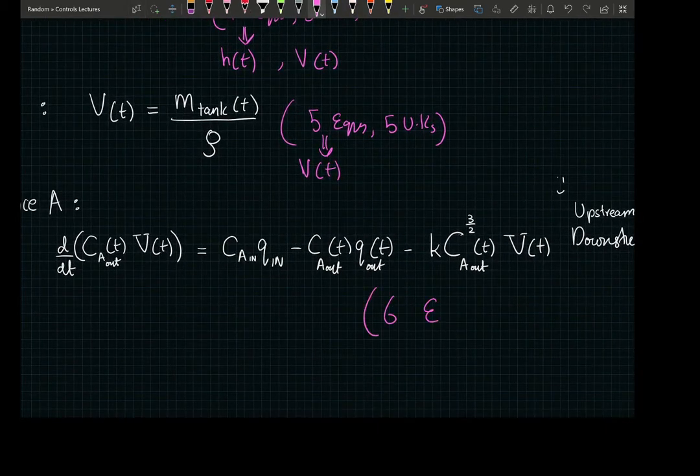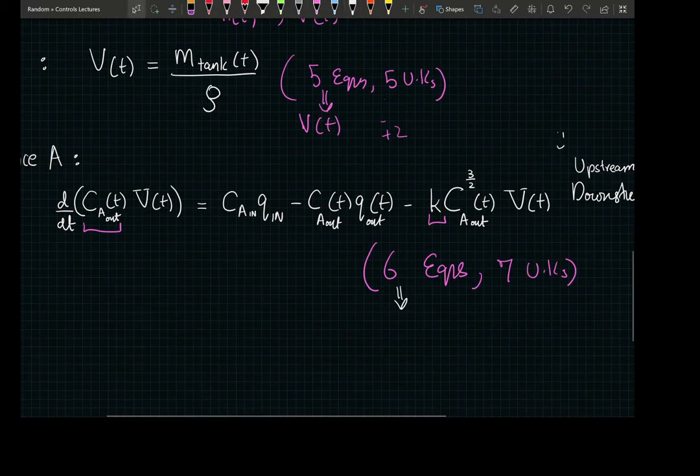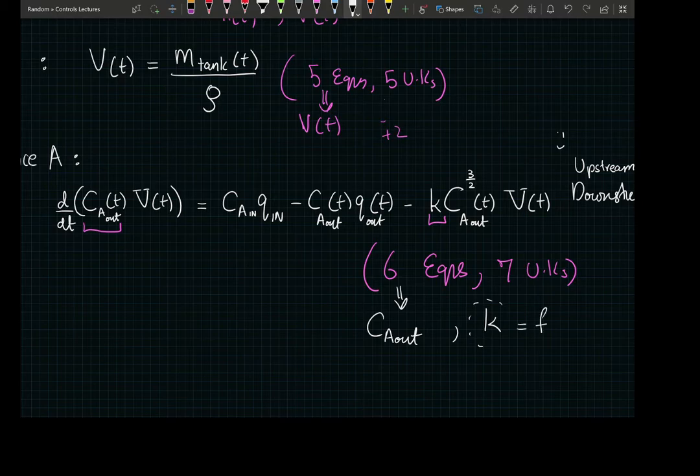Another equation, 6 equations now, but we have 2 new unknowns. So we have a total of 5 plus 2, 7 unknowns. The 6th equation shall give me the outlet concentration.